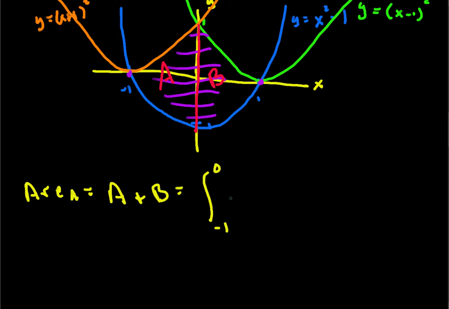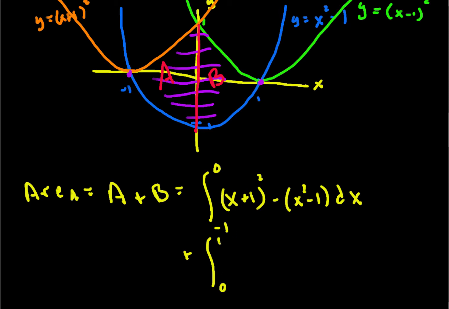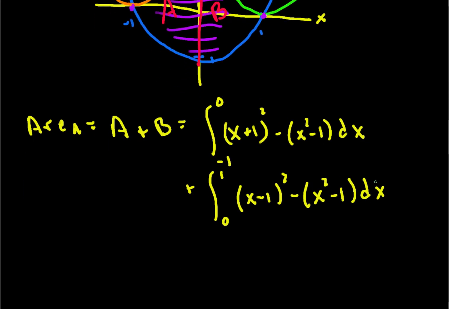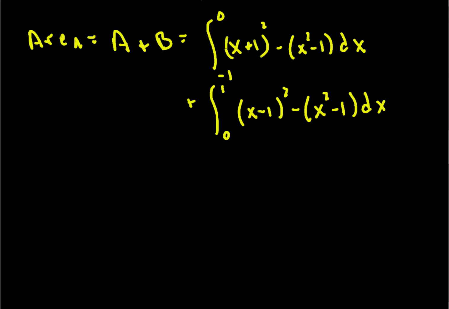The upper graph is x plus 1 quantity squared minus x squared minus 1, plus the integral. Now I'm going to go from 0 to 1, the integral 0 to 1, and it's the graph x minus 1 quantity squared minus x squared minus 1 dx. Those are my two integrals I need to evaluate.